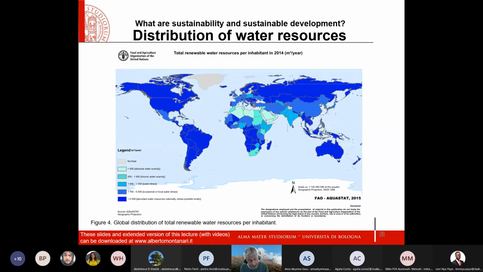Keep in mind that these global data have been made available only recently. And I would say that the FAO database is no more than 20 years old, which means that most of this information is still to be exploited. And it is an opportunity also, if you want to focus on this subject, like global distribution of resources, which may be water, but not only water, during your master degree thesis.